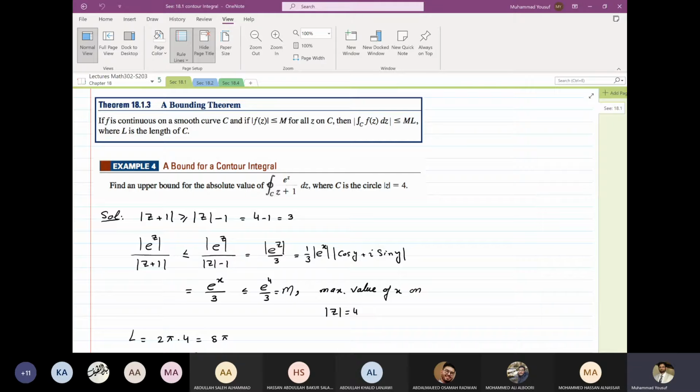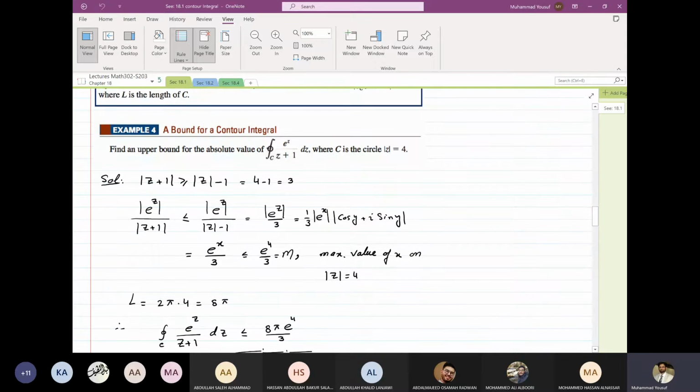But here we are interested in finding an upper bound. And whenever we say upper bound, we mean the least upper bound. We are interested in finding an upper bound of this integral, in absolute value, over this curve.